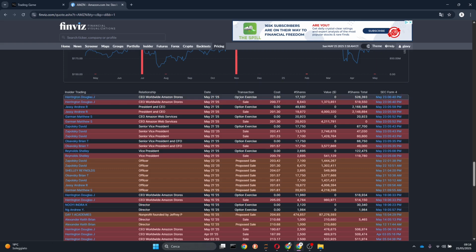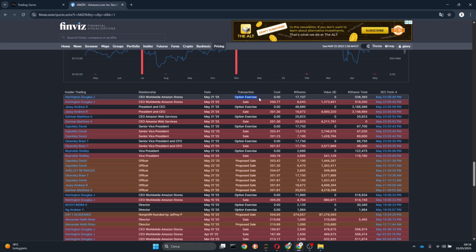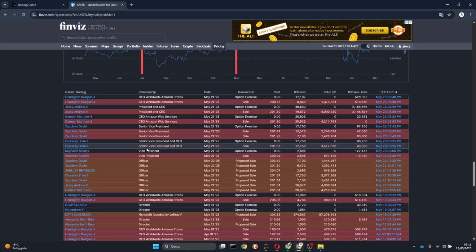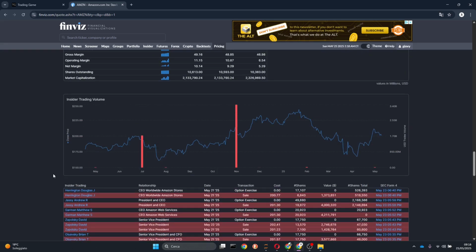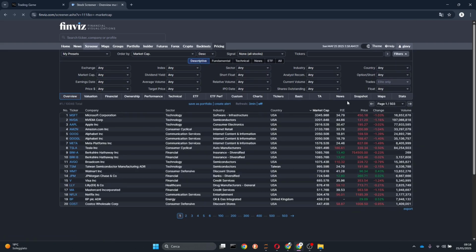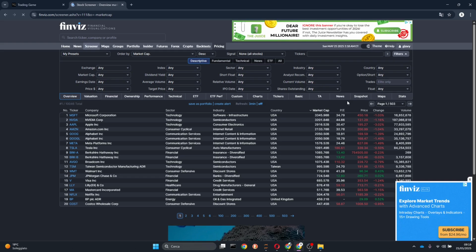For example, here you have option exercise, as I said before, so the cost, number of shares, etc. I think this is very interesting, but I repeat that the institutional transaction, in my opinion, is more effective than insider.